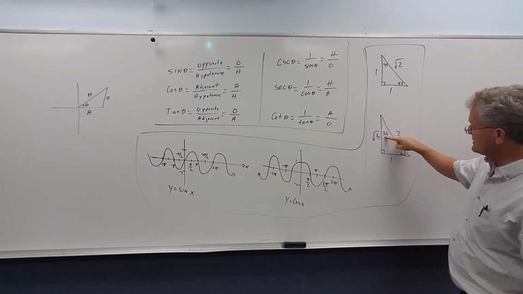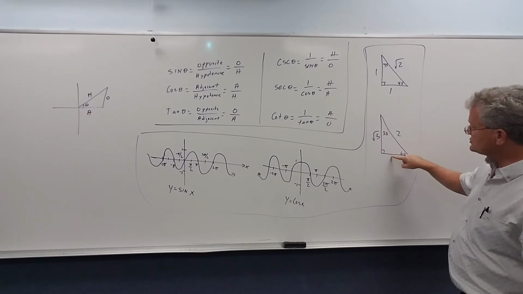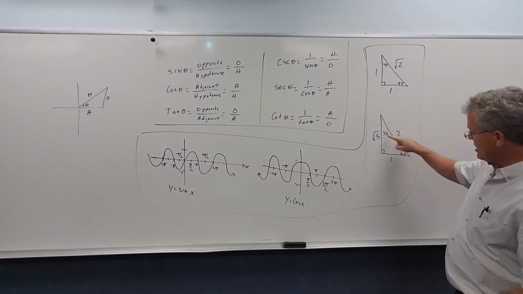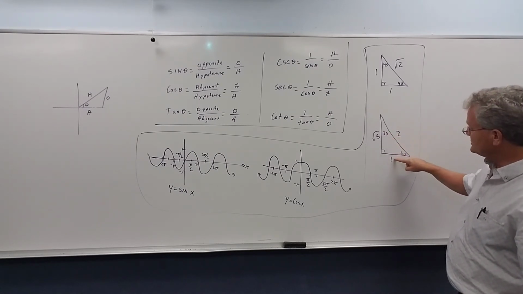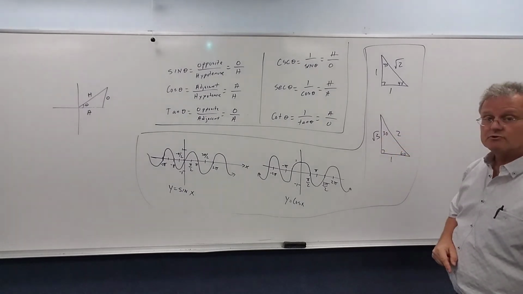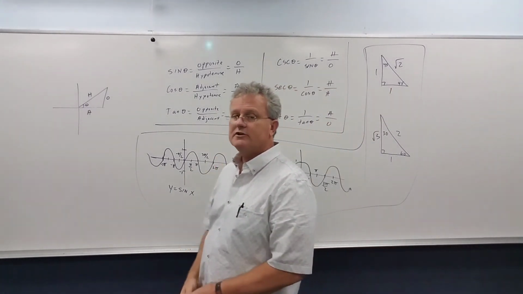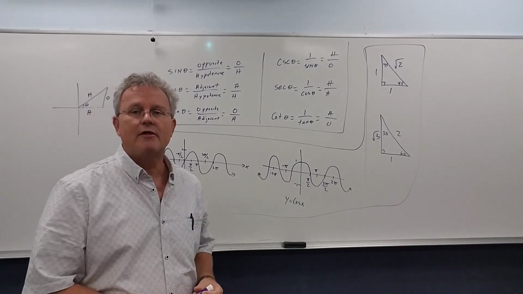What goes opposite 30? The 1 or root 3? 1 does. 1 is smaller than root 3, so that goes opposite the smaller of 30 or 60. So opposite 30 is 1 and opposite 60 is root 3. If you know these, you can solve all the trig problems without having to worry about the unit circle.